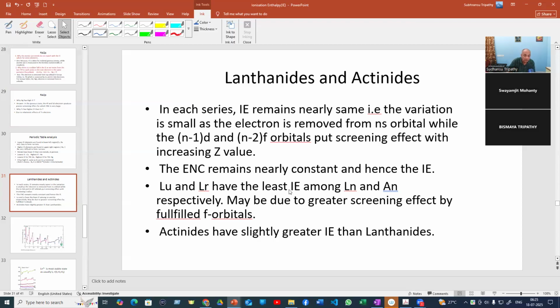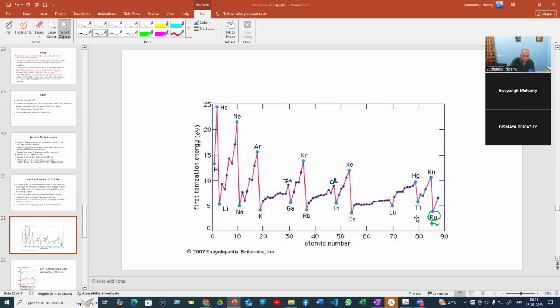Lutetium and lawrencium have the highest IE among the lanthanides and actinides respectively. Effective nuclear charge remains nearly constant and hence the variation is small in a series, because as nuclear charge increases, screening electrons also increase. The 4f electrons are deeply buried, so the screening constant is more, about 1. So effective nuclear charge remains more or less the same or increasing very slightly, but towards the end it increases a lot, the highest. Actinides have slightly greater IE than the corresponding lanthanides.